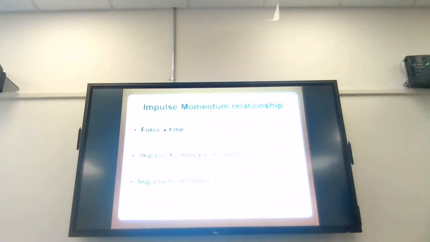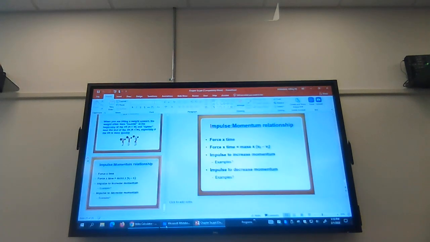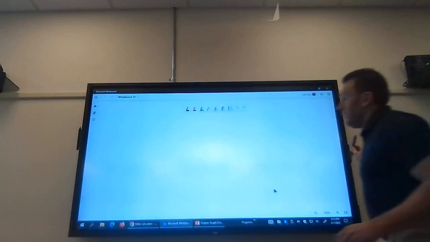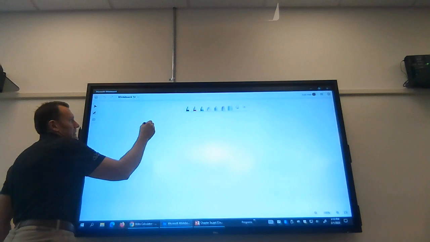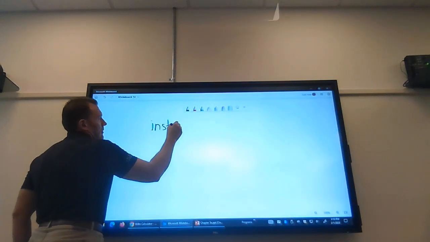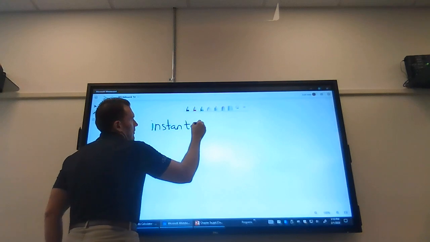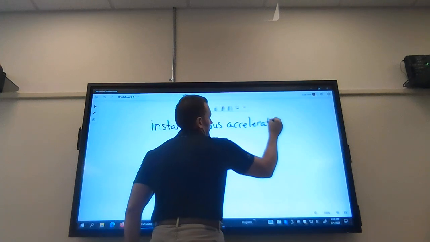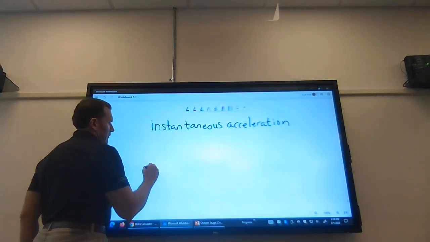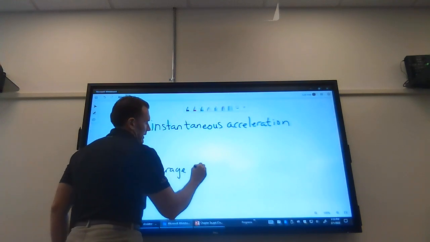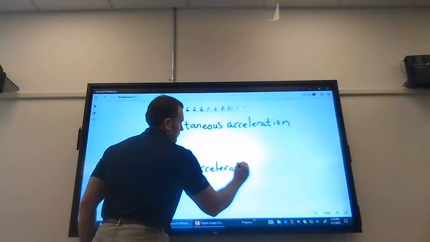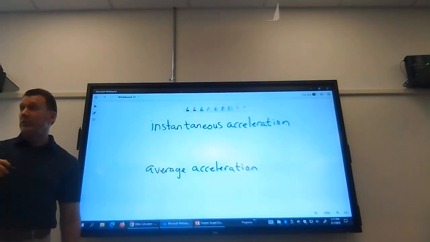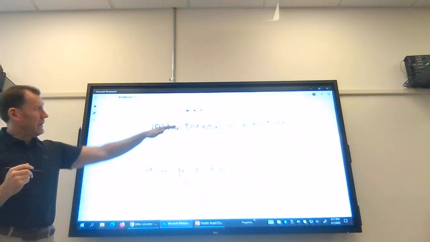So we need to consider that there's a difference between instantaneous acceleration versus average acceleration. More oftentimes, forces are acting over a longer time interval versus at an instant.